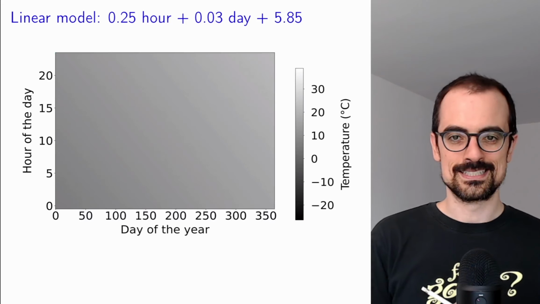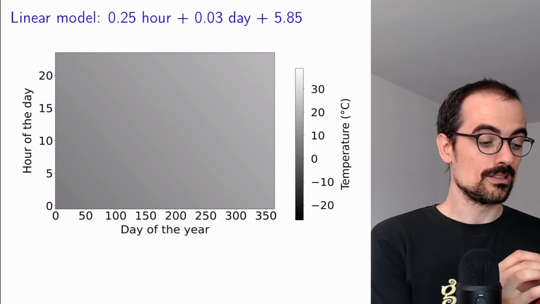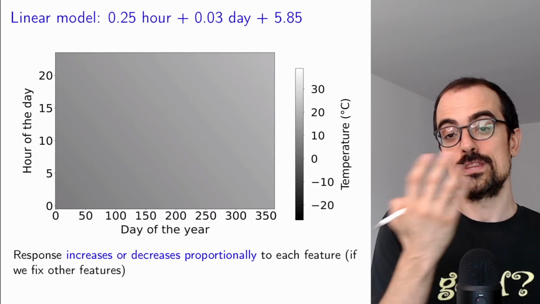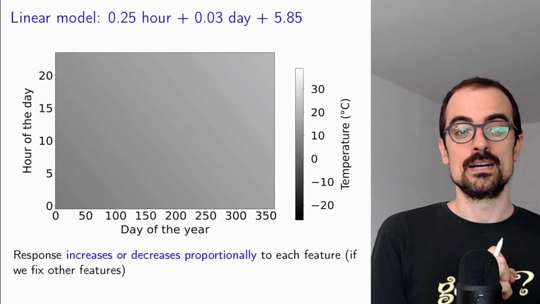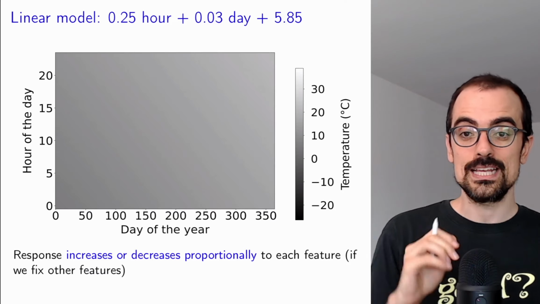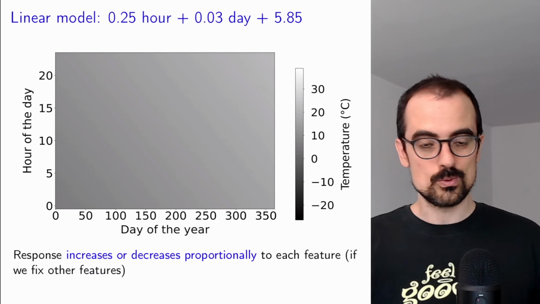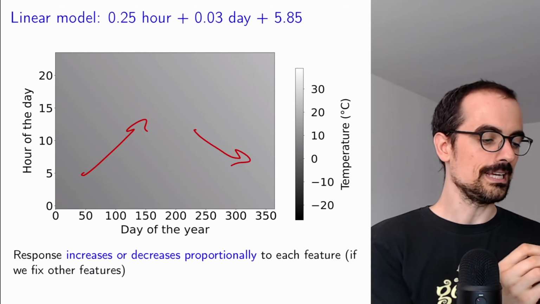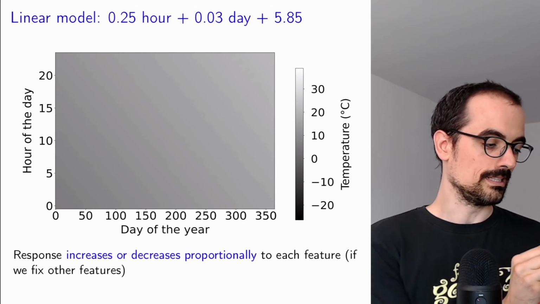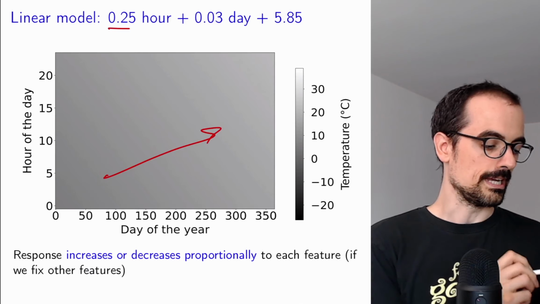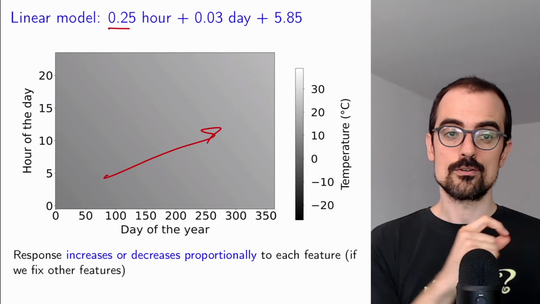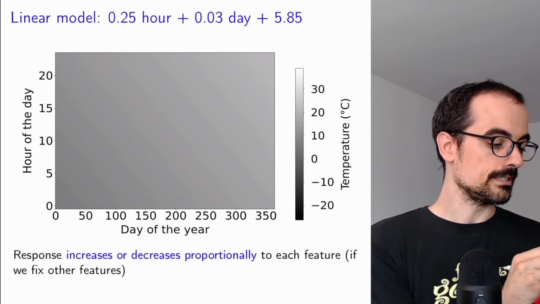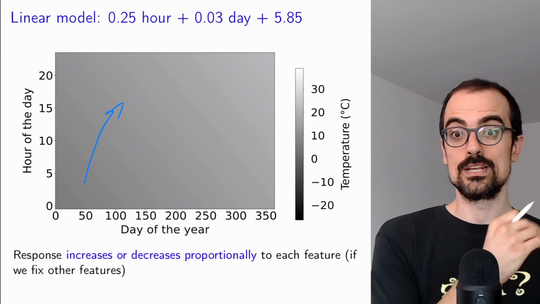It looks like this. And as you can see, the linear model has to increase with respect to both, or decrease with respect to both of the features. It cannot increase with respect to the day and then decrease with respect to the day, which is really what happens in the real data. It can only, like in this case, increase when we increase the day for any fixed hour, and for any fixed day, it increases as we increase the hour.